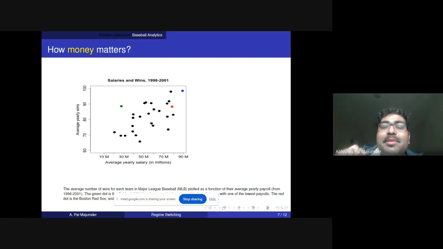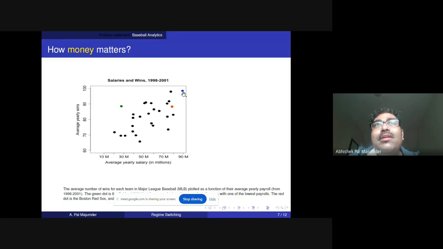Each dot represents a club, and from 1998 to 2001, on the x-axis we are plotting the average yearly salary of that particular club, and on the y-axis we are plotting the average yearly wins. You can see this blue dot. Of course, they spend average yearly salaries of like 90 million. The blue dot stands for the New York Yankees.